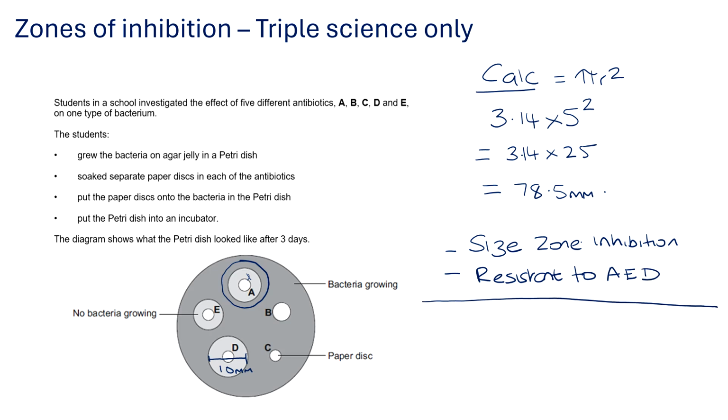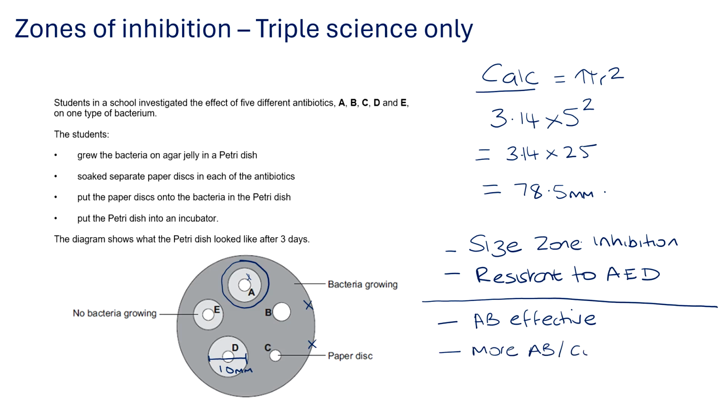Equally, another thing that quite often crops up is where they try to catch you out. If you have a look at antibiotics B and C, neither of them have a zone of inhibition. So it could be concluded that both antibiotics were effective against the bacterium, but equally, if you look carefully, B is slightly bigger than C. And if it's slightly bigger, then that means it has more antibiotic on it.